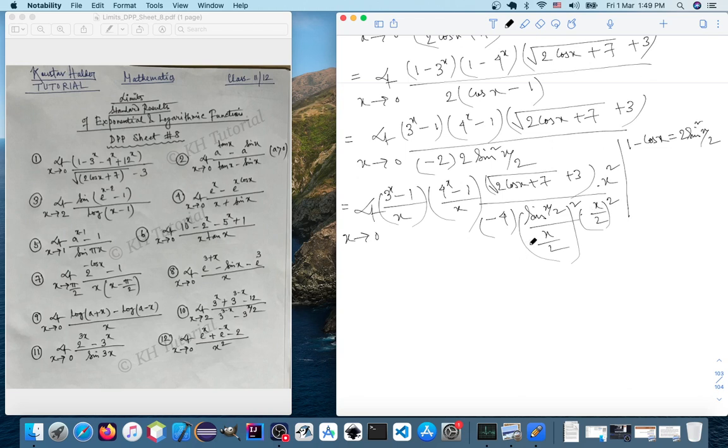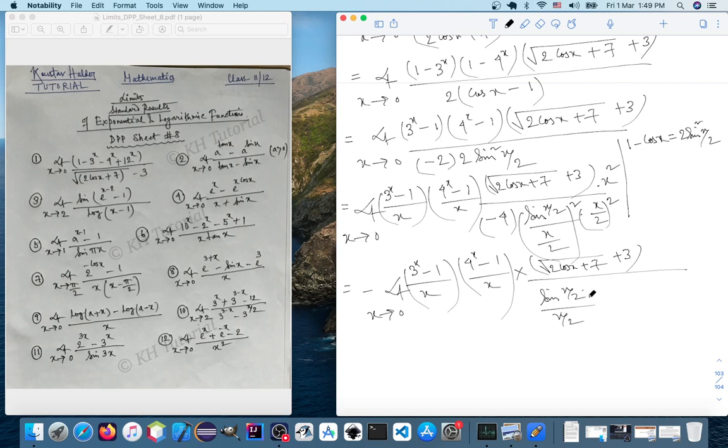So eventually we will have a minus 1, and then 2 cos x plus 7 plus 3, and over here we have sin x by 2 whole square, and that is all.